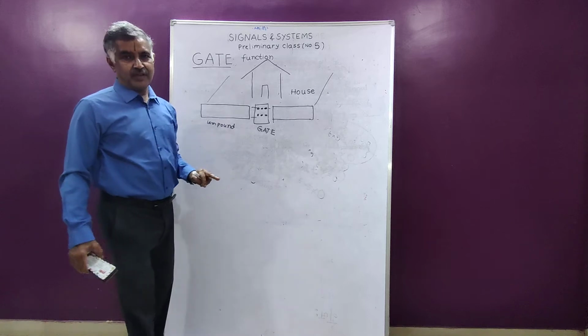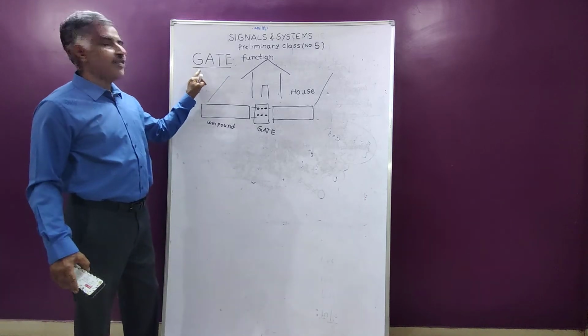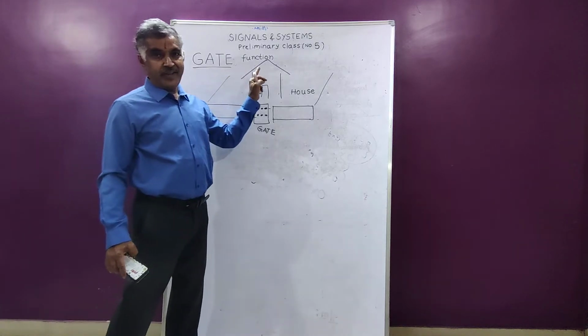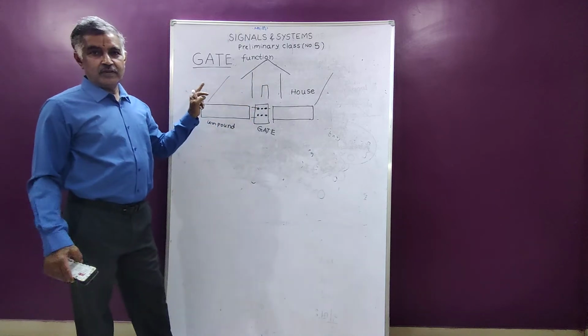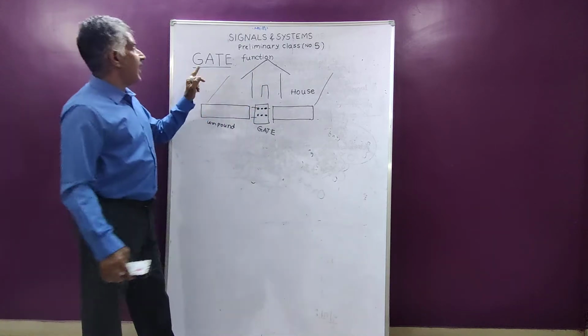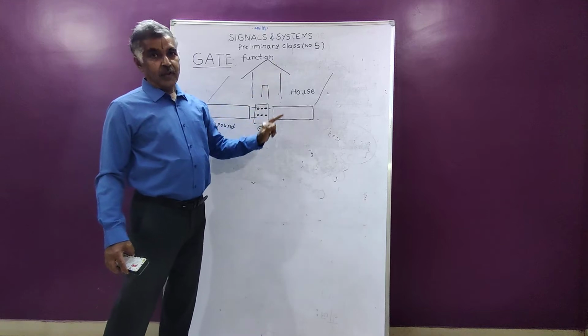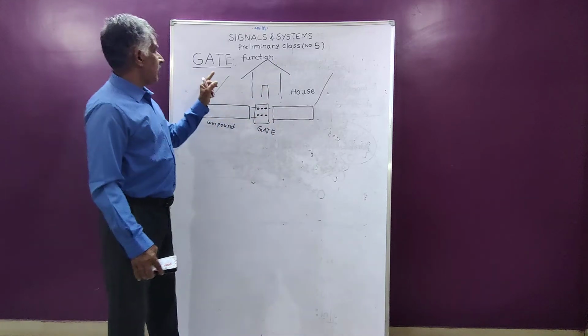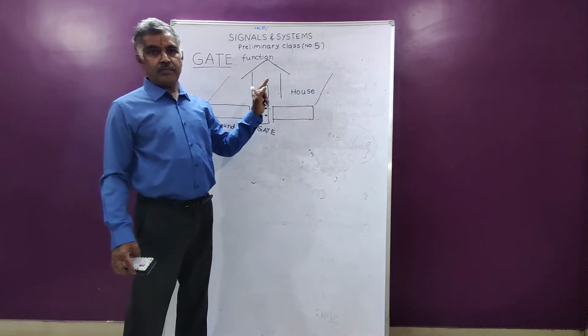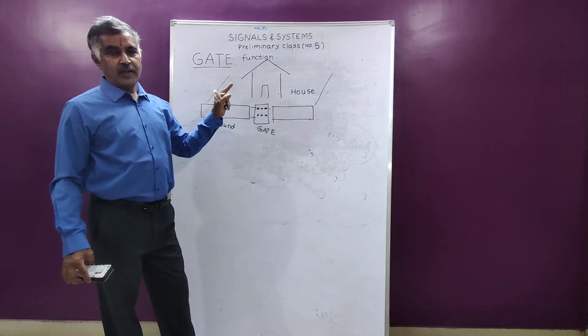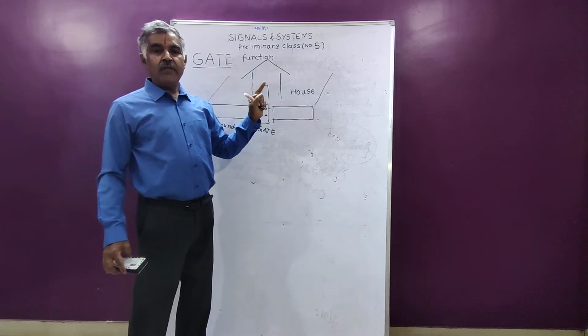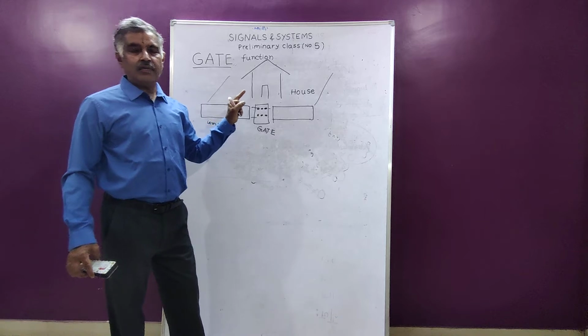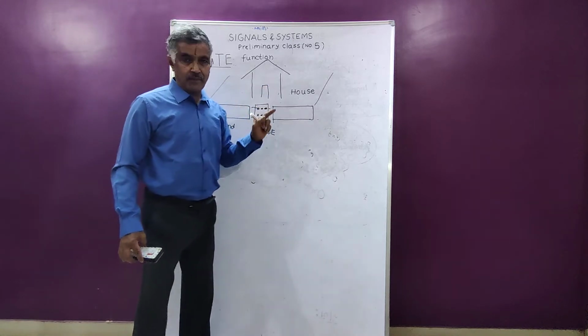In this class, I will explain what is known as a gate function. Gate, nothing to do with GATE examination. Students should have a knowledge of gate function, because in signals and systems, after the first chapter, they will understand the physical meaning of the convolution integral.